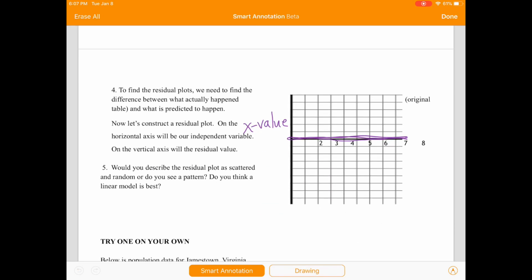Now, our vertical axis will be our residual values. So our vertical axis is telling us that our residual values are going to be our y values on our graph. So that's going to be the up and down one.